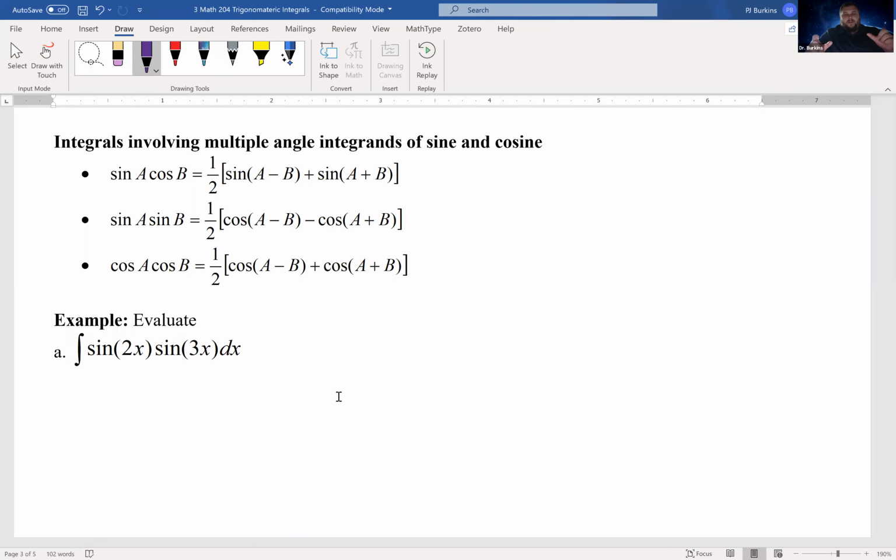What I suggest not doing, when doing the problems above, is getting any combination of sines and cosines that have different arguments, right? Again, 2x versus 3x. The reason is that you have to use one of these three formulas as a substitution, and these three formulas are not easily memorized.